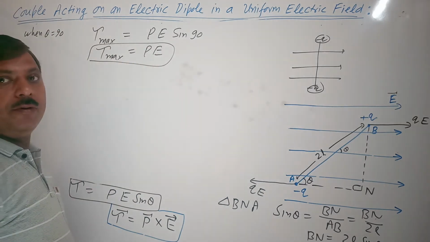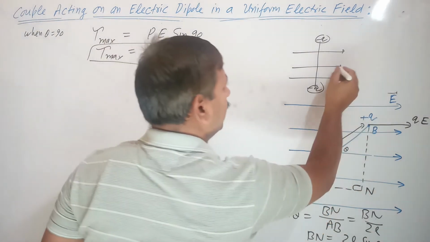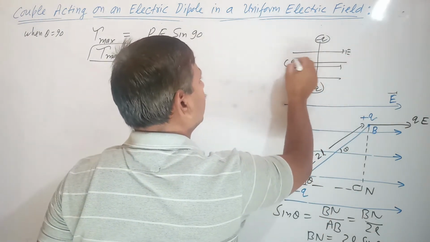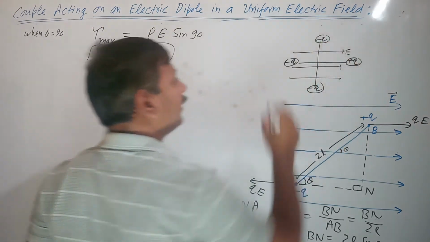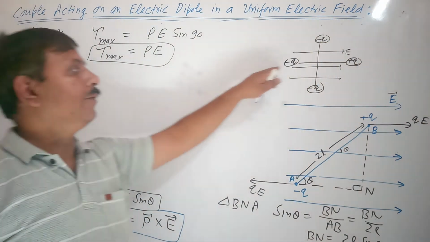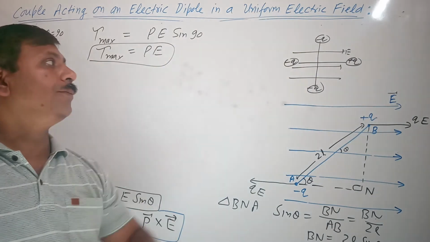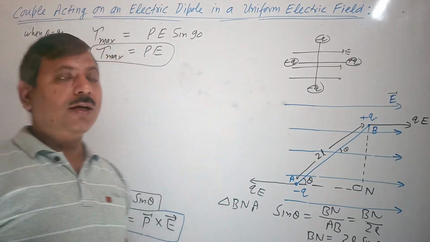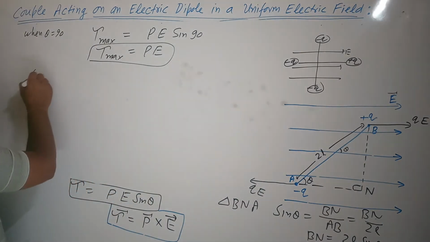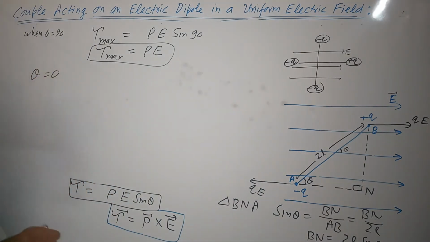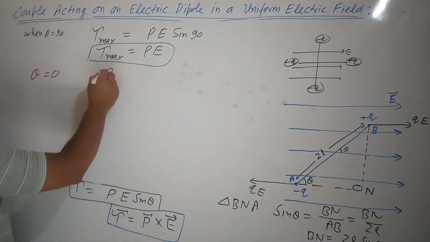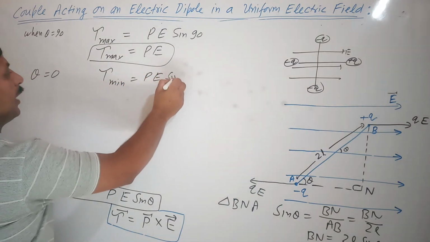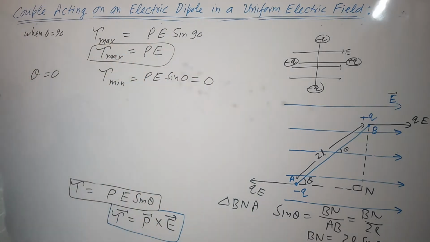And minimum torque will be when they are aligned, like that. That time what happens? When the direction of the dipole moment is parallel to the electric field, when theta is equal to 0 or 180, at that time the torque is minimum, that is P E sin 0, which is 0.